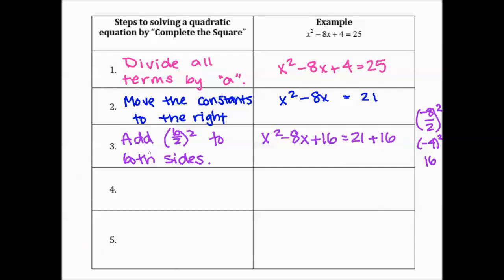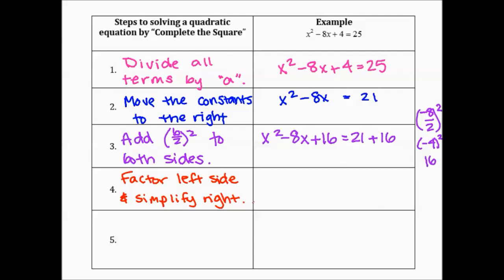Then my next step is to factor the left side and simplify the right side. So what we have done here is create a certain type of trinomial on the left side of this equation that is called a perfect square trinomial.